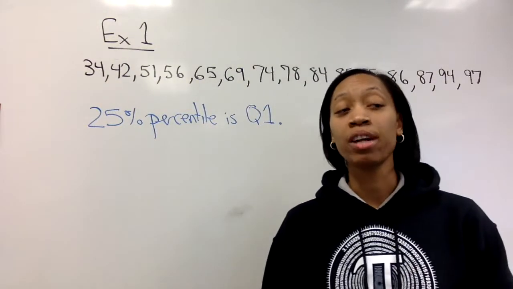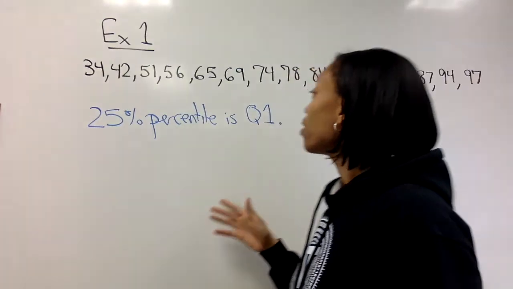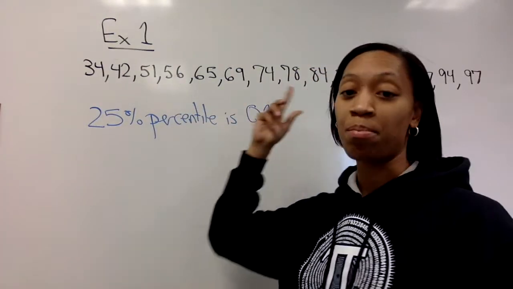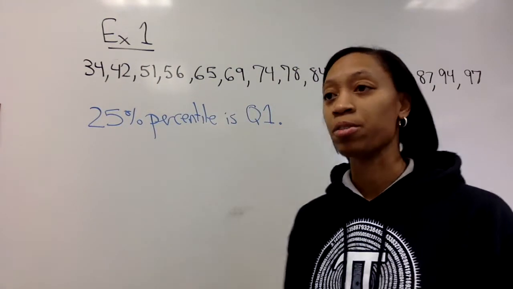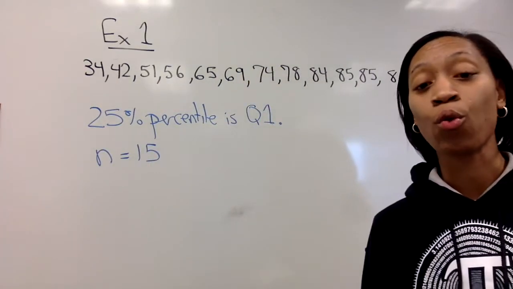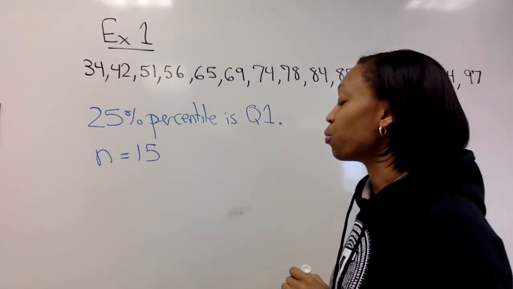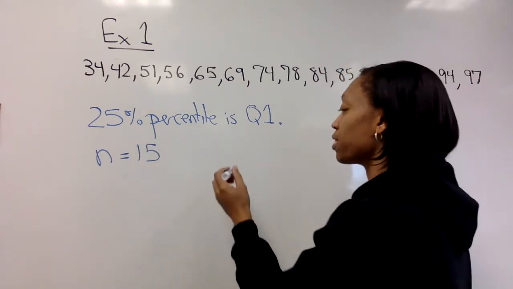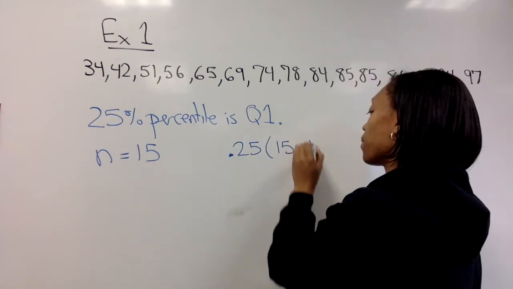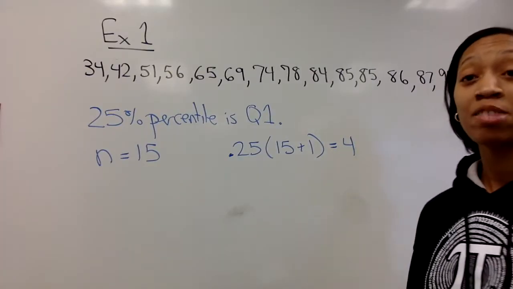Okay, so the first thing I need to note is how many data items I have. Count these up, and there are 15 data items here. In order to find the rank, I'm going to multiply 25% times 15 plus 1, and that gives me 4.